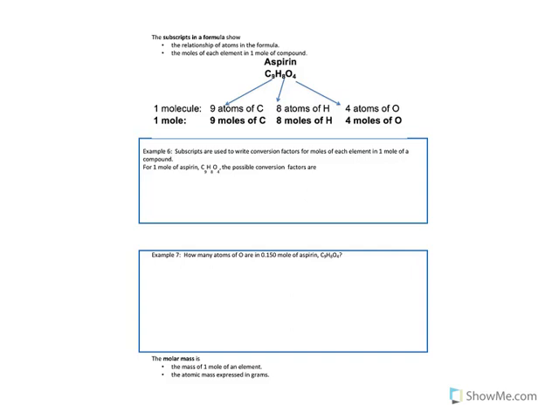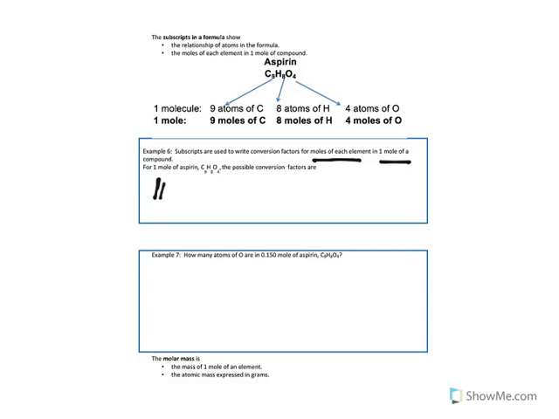It says subscripts are used to write conversion factors for moles of each element in 1 mole of compound. For 1 mole of aspirin, the possible conversion factors are, well, let's take a look. We said that we are looking for conversion factors for moles of each element in 1 mole of a compound. So in 1 mole of aspirin, there are how many moles of carbon?